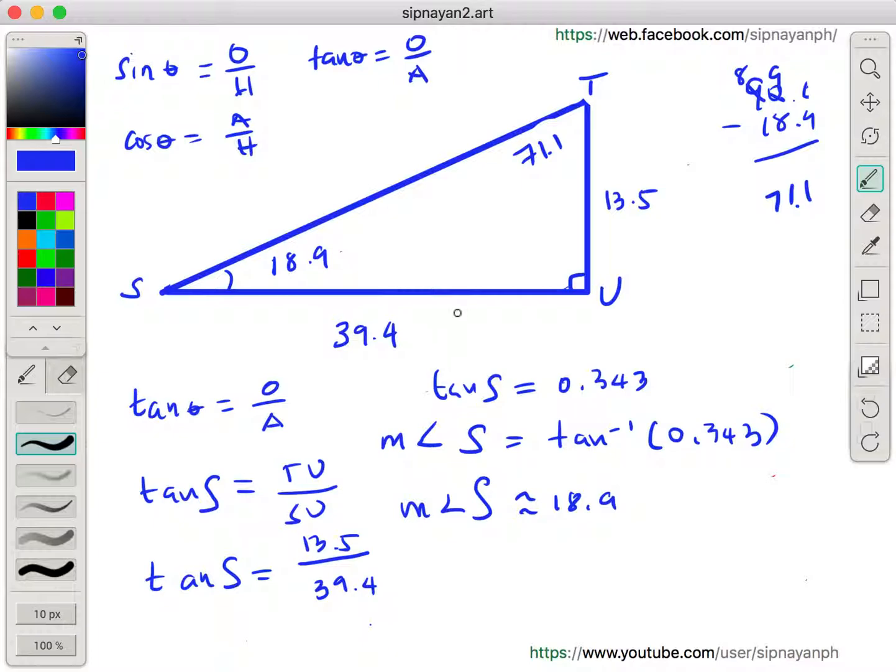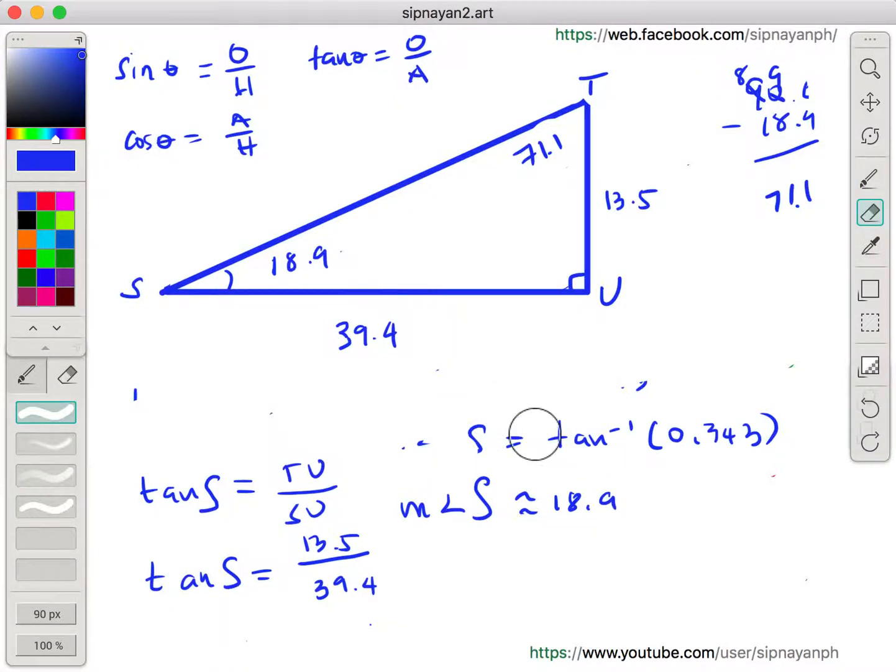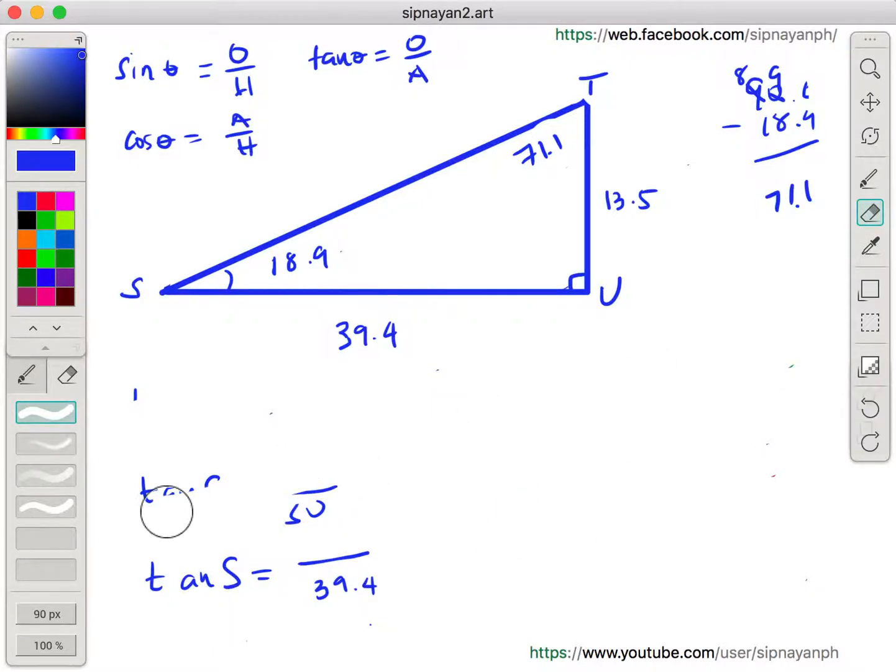Well, pwede yung pagpilian kung gagamit pa kayo ng trigonometric ratios. So, pwede nyo gamitin yung Pythagorean theorem. Siguro tignan natin yung dalawa. Una, trigonometric ratios. Anong gusto nyo gamitin? I think bihira tayo gumamit ng cosine at ng sine dito sa series na to. Na ulit yung sine? Opposite over hypotenuse.